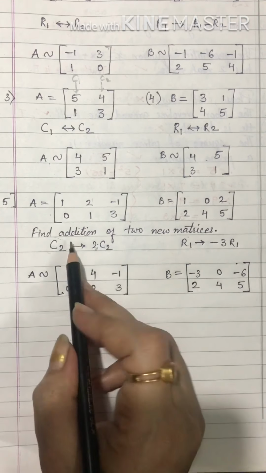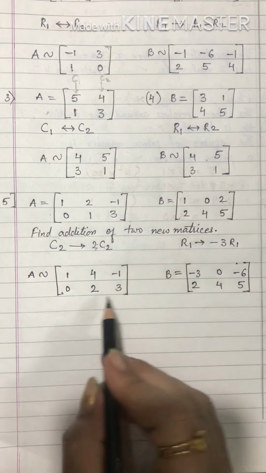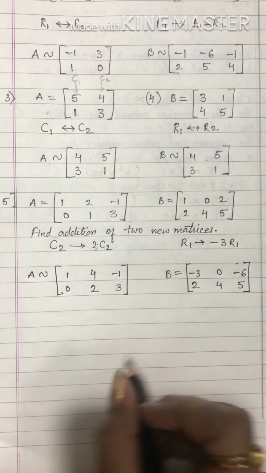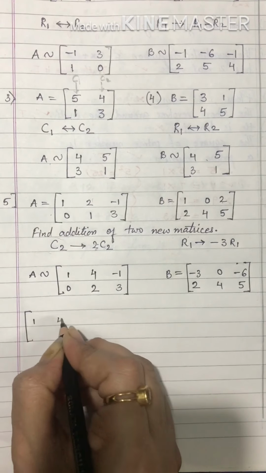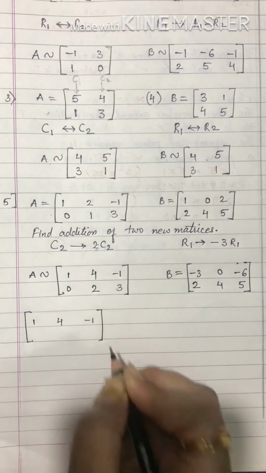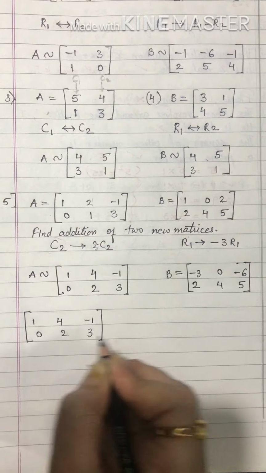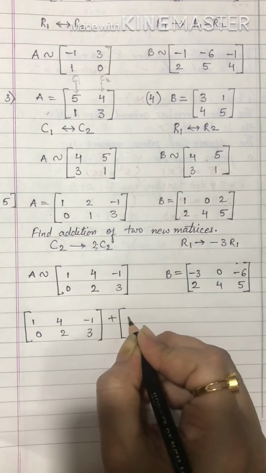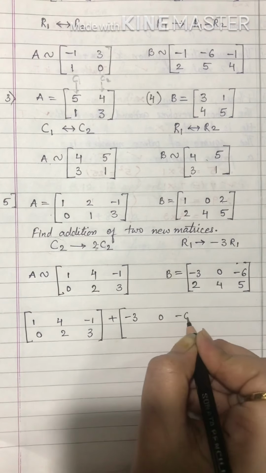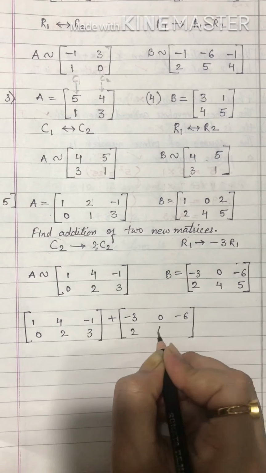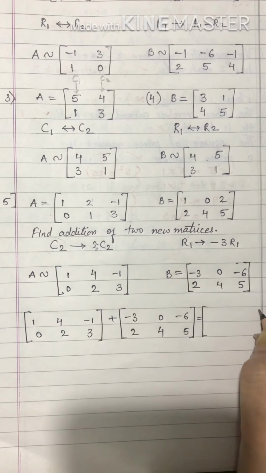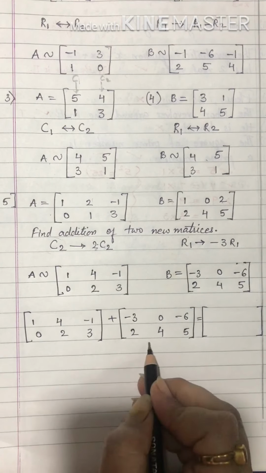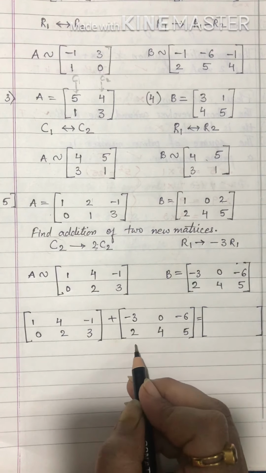Now the question, find the addition of two new matrices, means we have to find the addition of these two. So I will just write directly instead of writing the names, this would be A plus B that we are performing, plus minus 3, 0, minus 6, 2, 4, 5. A little bit of brush up: addition or subtraction of two matrices is only possible when the order of the two matrices to be added or subtracted is equal.